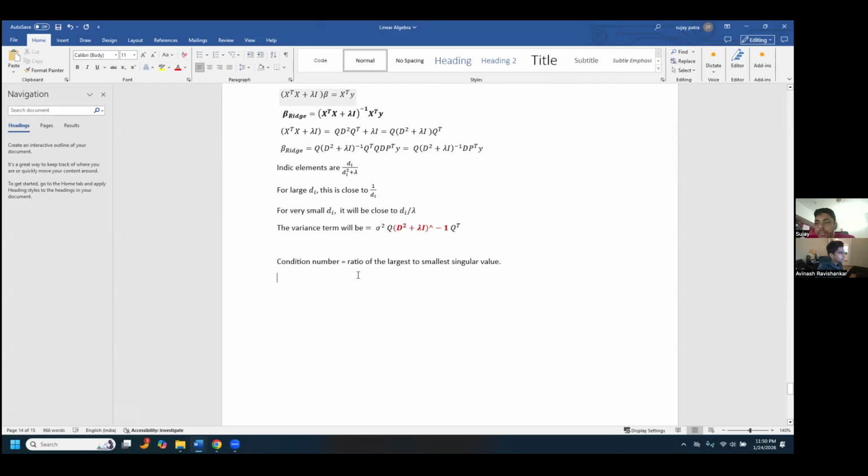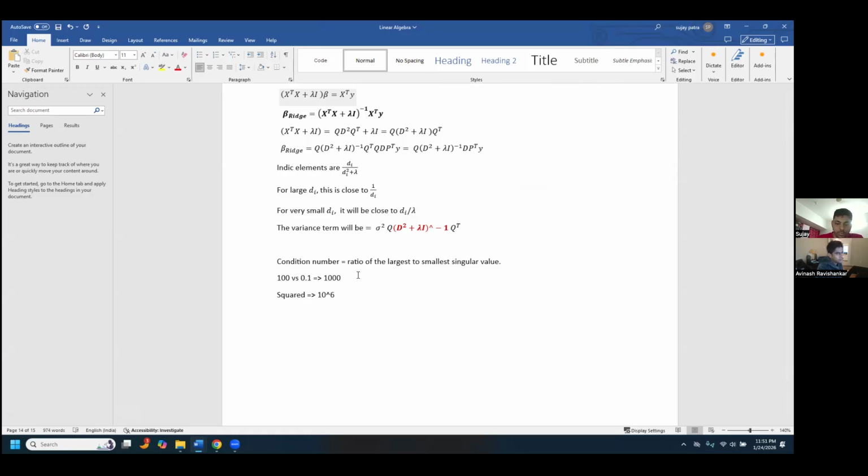One way to mathematically express that is the condition number, the ratio of the largest to smallest. Suppose earlier it was 100 versus 0.1. So the ratio was 10,000, and that actually gets squared because we have a d square, which will give me 10 power 6.